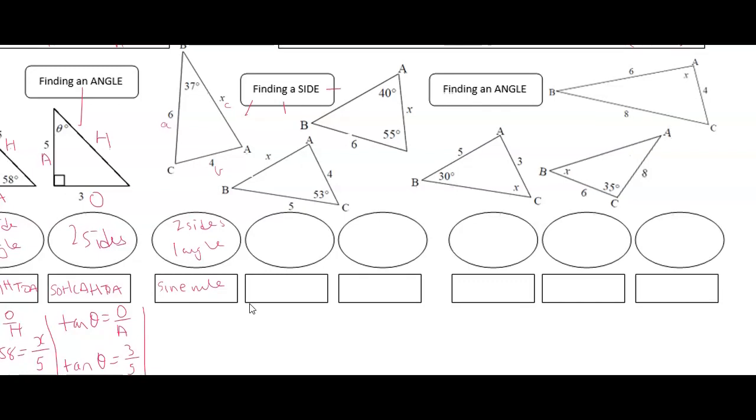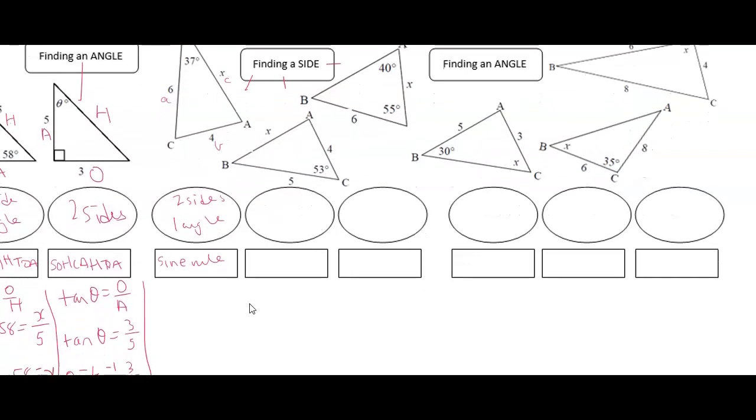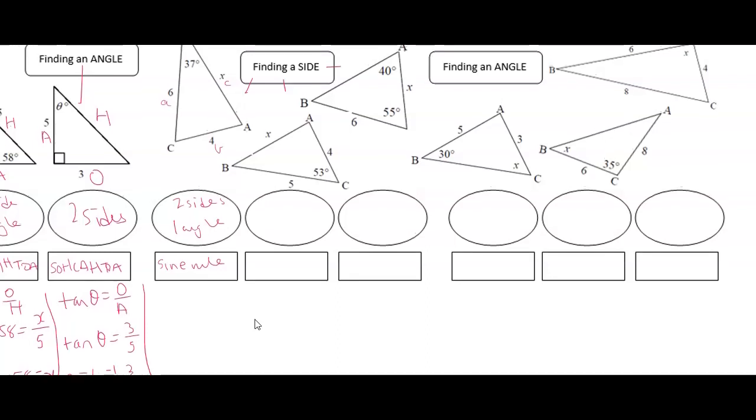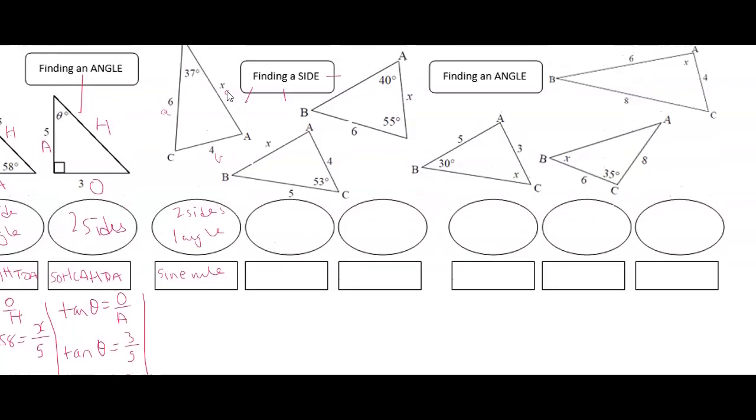I just had to check because we're using the sine rule twice to do this one. Because we need to find this side here, c, we kind of need to find this angle here.